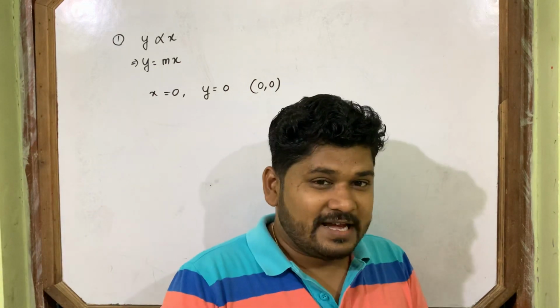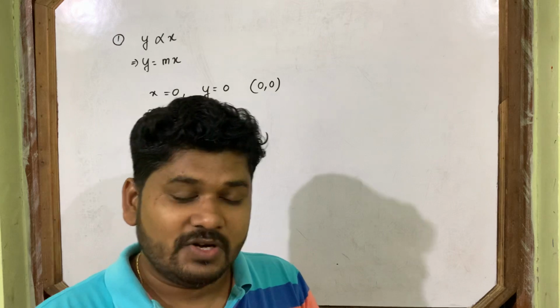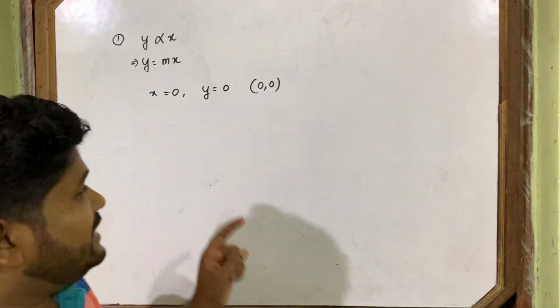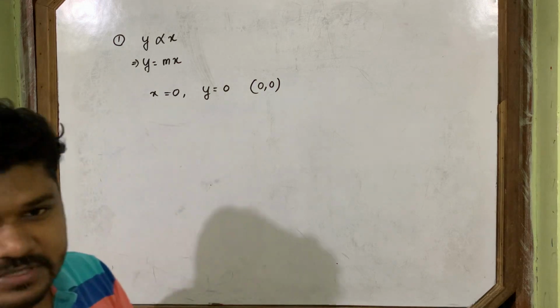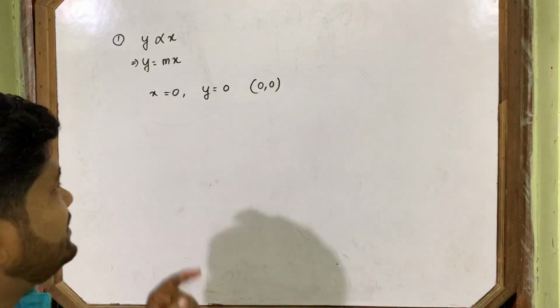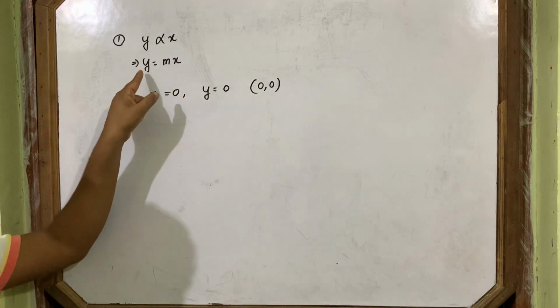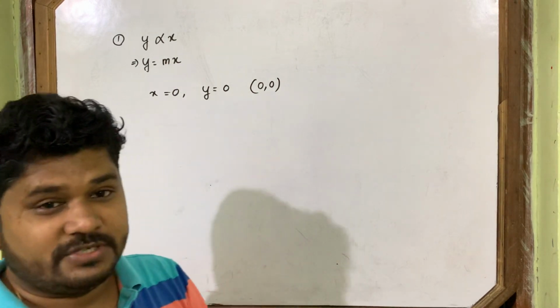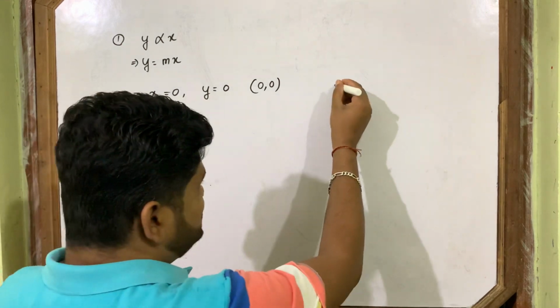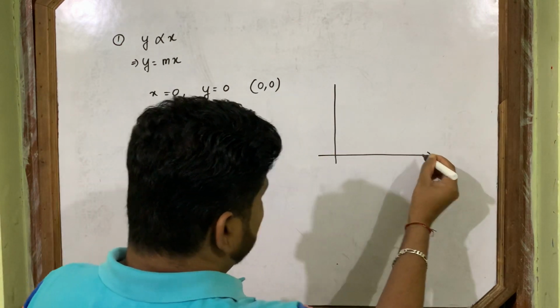This indicates the graph must pass through the origin. But if x becomes 2 times, y also becomes 2 times. If x becomes 4 times, then y becomes 4 times, because both are directly proportional to each other. And how does the graph look? The graph is like this.